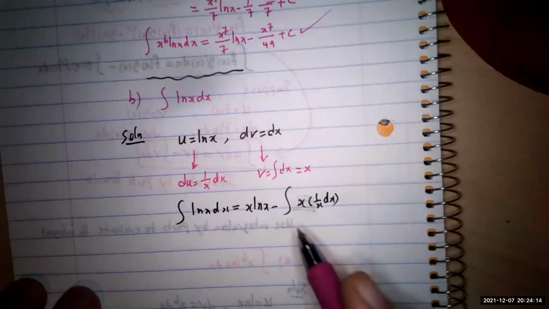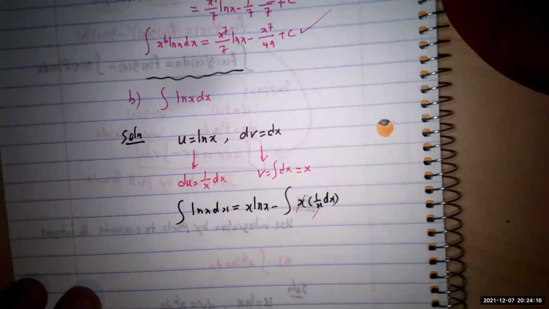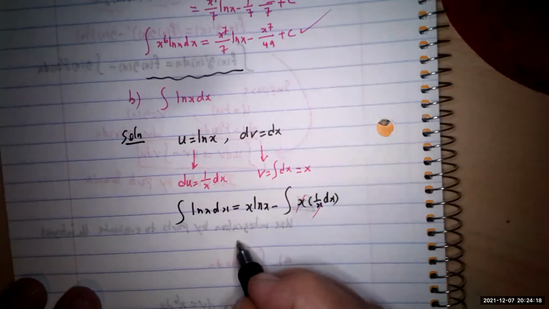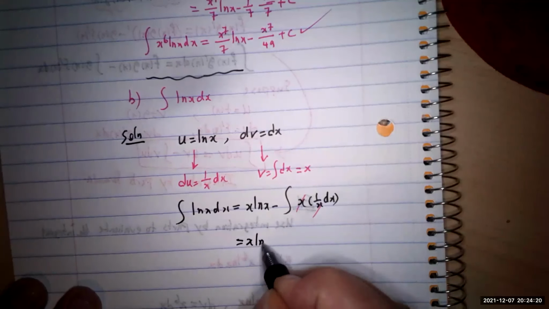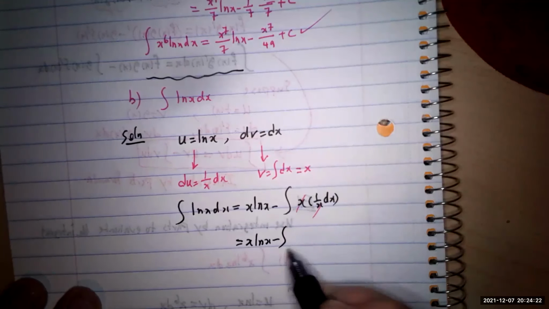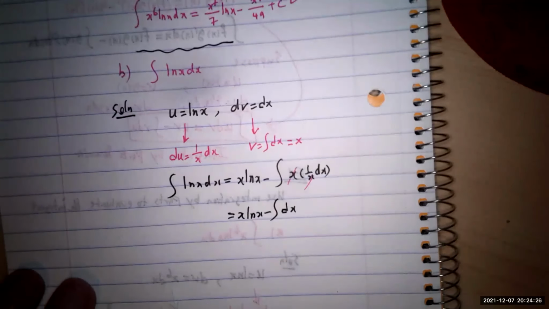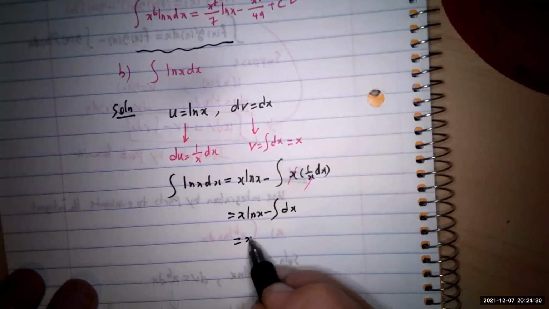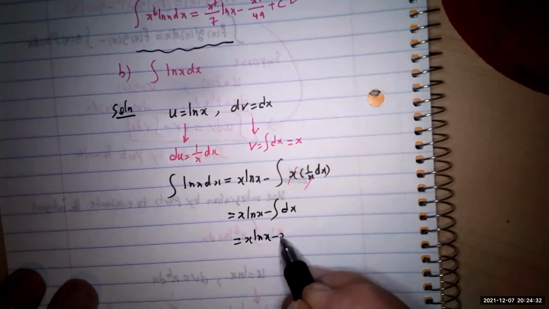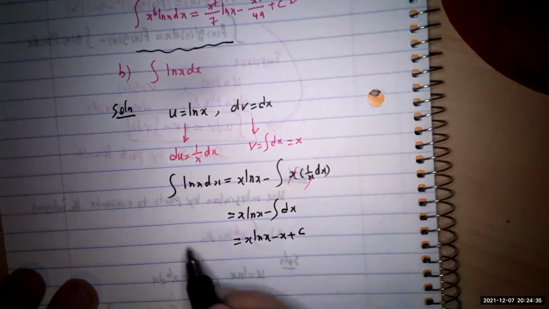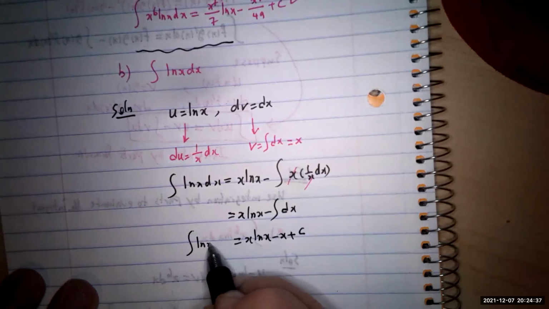These two would cancel out. So we get x ln x minus just the integral of dx. The integral of 1 is x, so it's going to be x ln x minus x plus c. That is the integral of ln x dx.